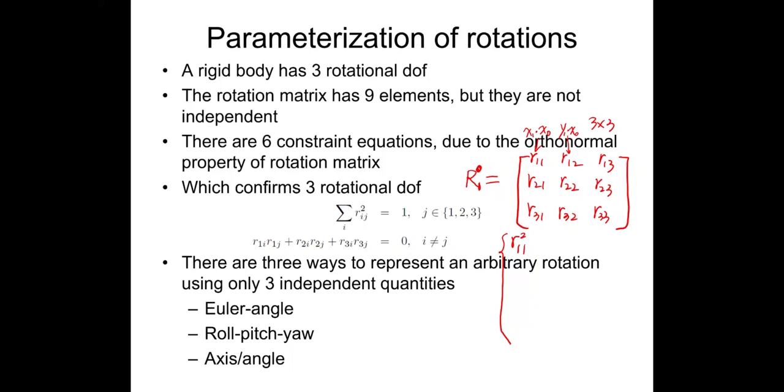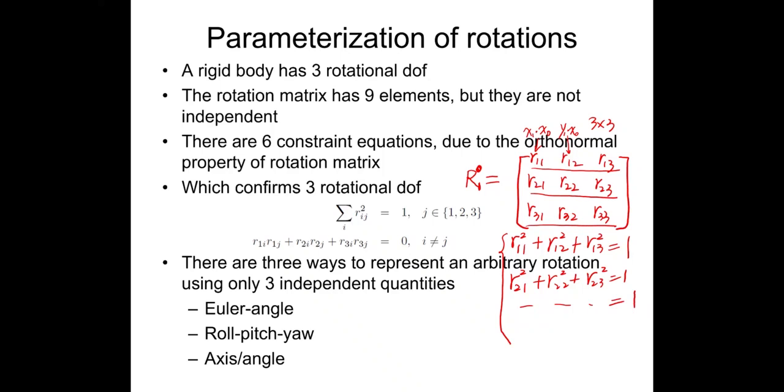So it means that for the first row, the squares added together, R11 square plus R12 square plus R13 square equals 1. And that is the triangle, right? And the next one is the second row, R21 square plus R22 square plus R23 square equals 1. And then the third row equals 1, okay?